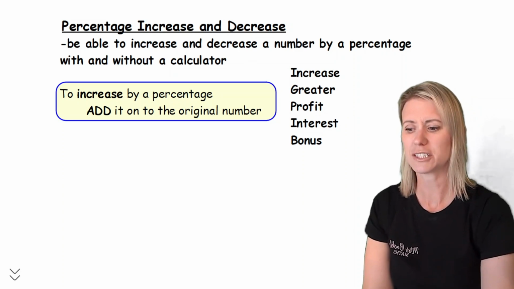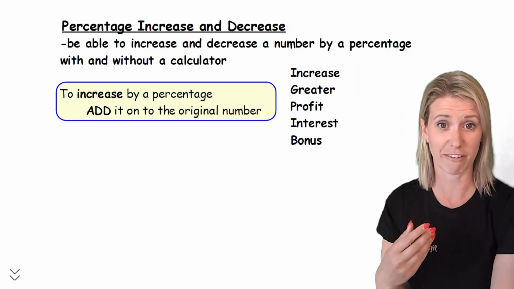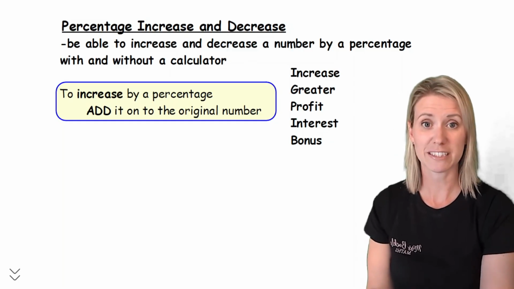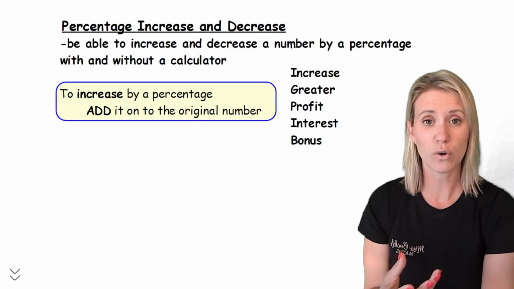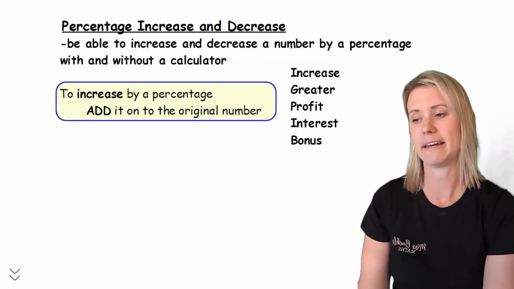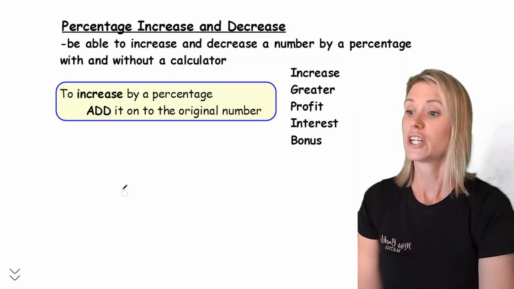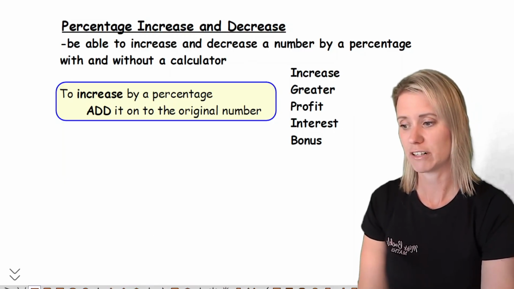First of all, let's just be clear what words mean increase, because sometimes the questions don't directly ask you. If you're asked to make something greater, if something has a profit, if something's gained interest, or you've got a bonus, all of those things mean it's going to be going up in value. So to increase by a percentage, we're simply adding it on to the original number.